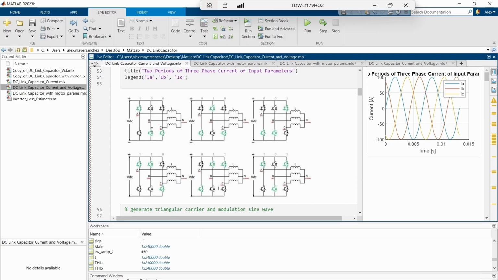So we're basically determining what voltage do we need to apply to this load in order to generate this current, and then how do we generate that voltage by turning on which switches.